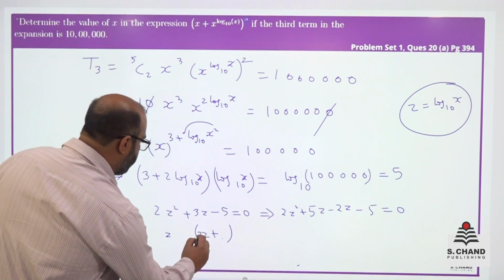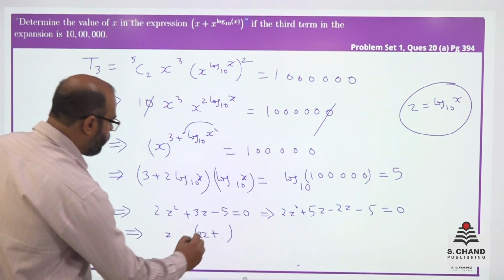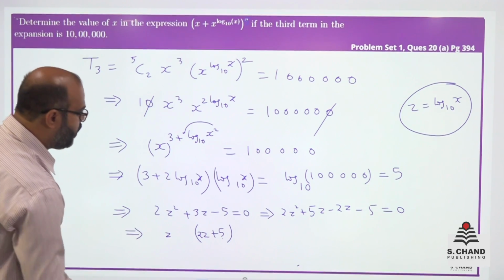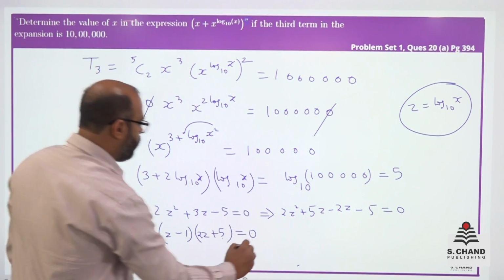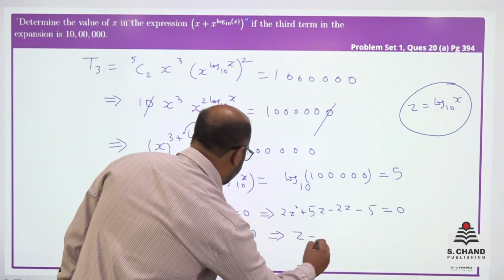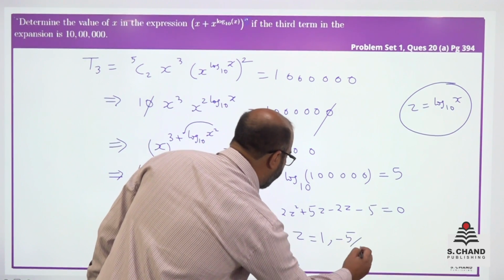So this is z, that will give you 2z plus 5. From the second one, minus 1 is taken common, is equal to 0. So z is equal to either 1 or minus 5 by 2.